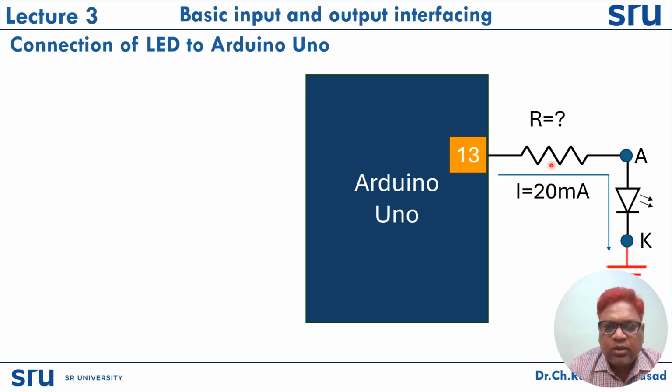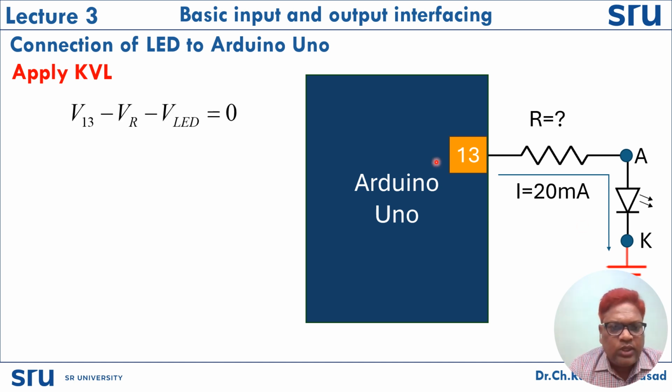Let us assume the forward current flowing through this LED is 20 milliamps, and apply KVL within this loop, from the 13th pin to ground. So V13 minus VR minus VLED is equal to 0, where V13 is 5 volts, VR is the voltage across the resistor, and VLED is the voltage across the LED.